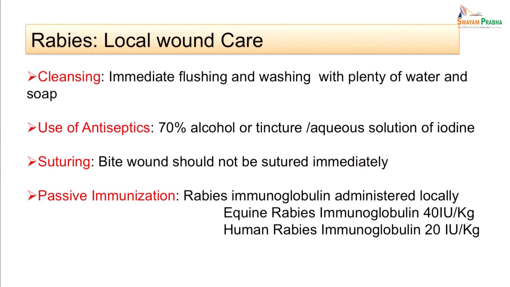Then passive immunization is given for the neutralization of the virus with ready-made antibodies. So, for passive immunization, rabies immunoglobulins are administered locally. Two types of rabies immunoglobulins are available: equine rabies immunoglobulin, which is given in the dose of 40 international units per kg body weight, or human rabies immunoglobulin, which is given in the dose of 20 international units per kg body weight.